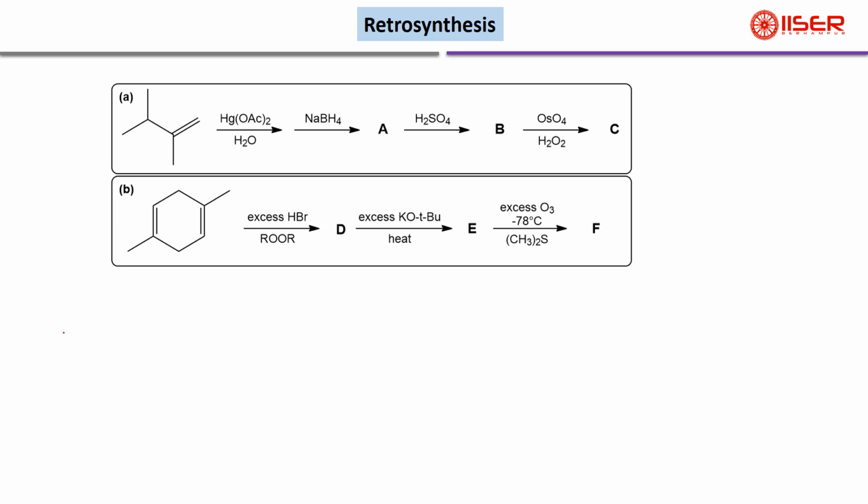What will be the products for all these alphabets? So let's first solve this one. If you perform the mercuration followed by reduction, it will be oxymercuration, demercuration.